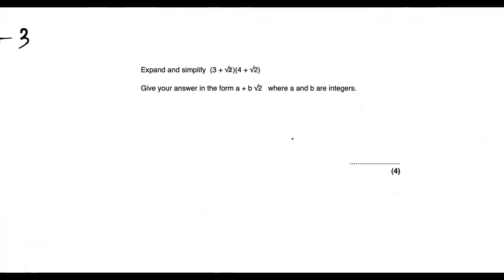You also try. If you want, you can pause your video, try this question, and let's match our answer. So we have 3 plus root 2 and 4 plus root 3. So 3 plus root 2, 3 plus root 2. Now I'm going to be taking the bracket 4 plus root 2 and 4 plus root 2.